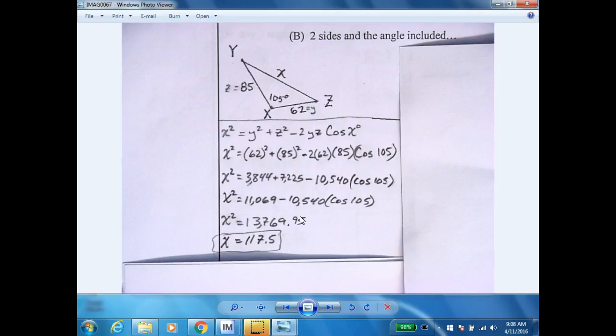Okay, how many got it? Right here. I multiplied this by that. Right? Do cosine of 105 times 10,540. And then subtract it from 11,069.